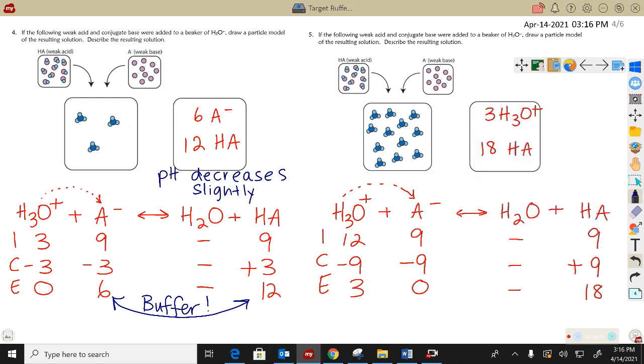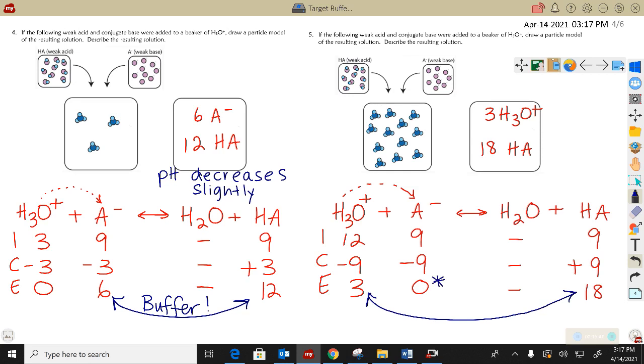I'm a little concerned about this one. Look at what's left at equilibrium. Oh no, we lost our buffer, right? Uh-oh, here's the problem. We destroyed the buffer.